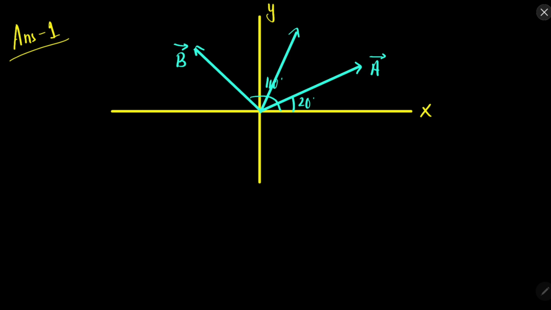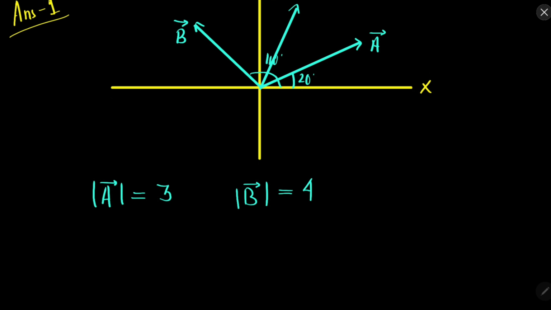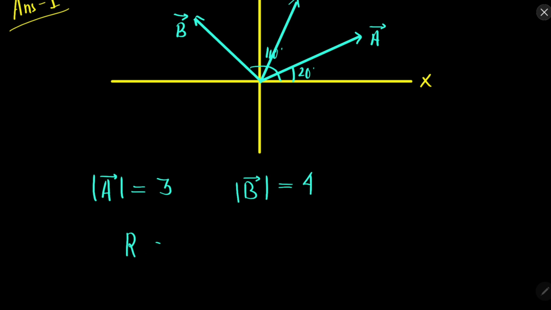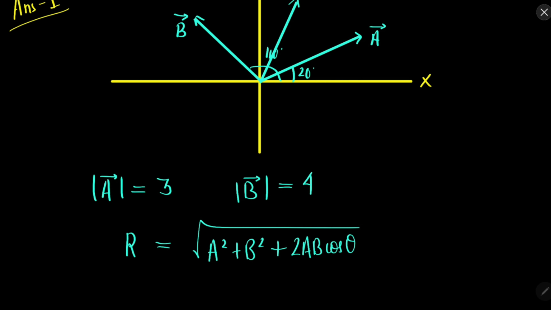So how do we find it mathematically? We have been given that the magnitude of A vector is 3 and the magnitude of B vector is 4. The resultant magnitude will be, according to our formula, the square root of A square plus B square plus 2AB cos theta.